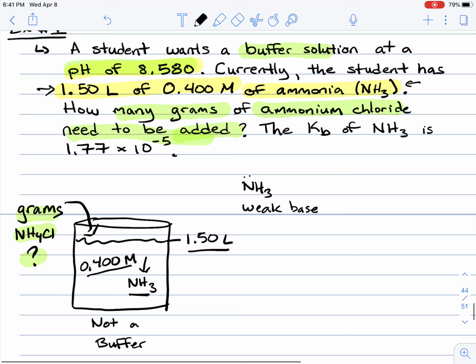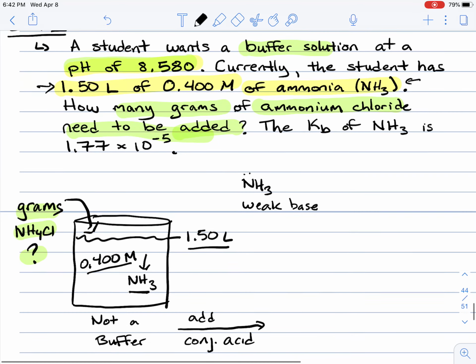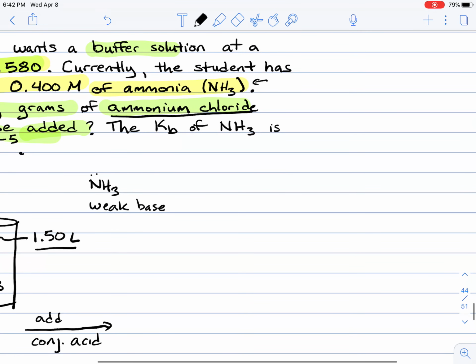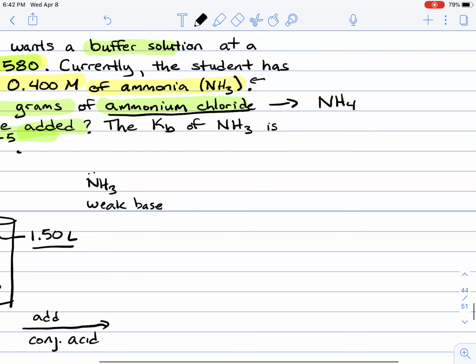For us to create a buffer solution, we need to add its conjugate acid. This is the reason why this student is adding ammonium chloride. If you look at the chemical formula of ammonium chloride, it is NH4Cl.